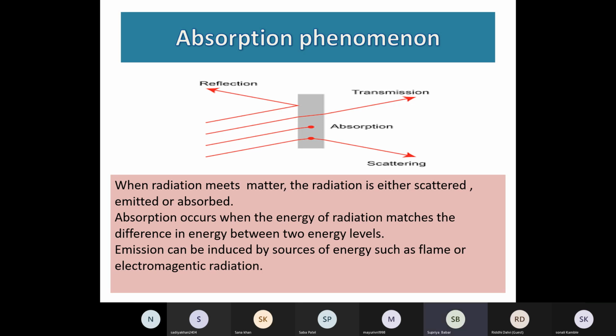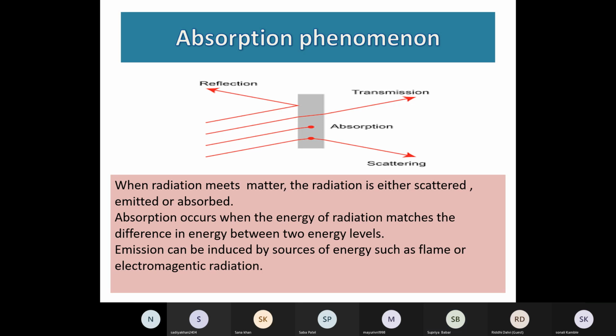The molecules can absorb radiation of different wavelength, to a different extent, more or less. So that absorption process is a specific phenomenon related to the characteristic of molecular structure.